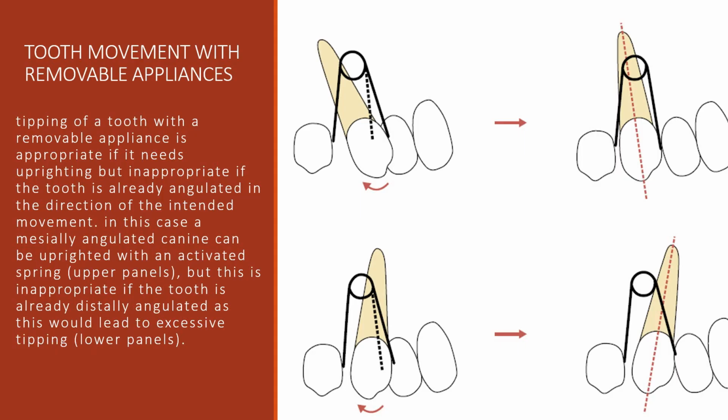A variety of tooth movements can be achieved with removable appliances, either individually or on groups of teeth: tipping, overbite reduction, crossbite correction, extrusion, and intrusion. Removable appliances are also useful in maintaining tooth positions during retention.